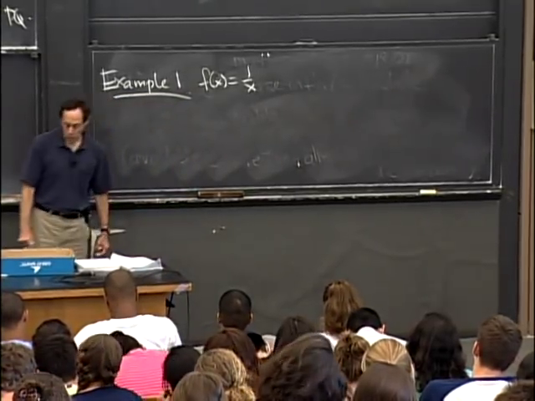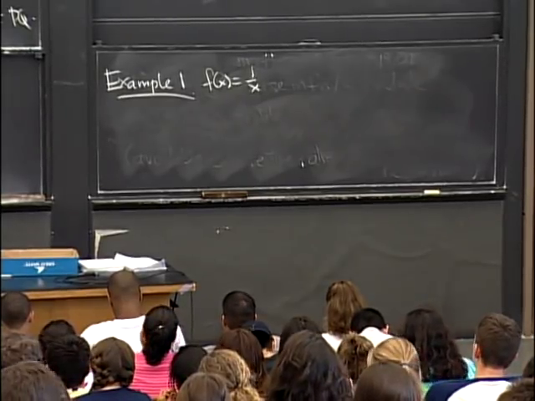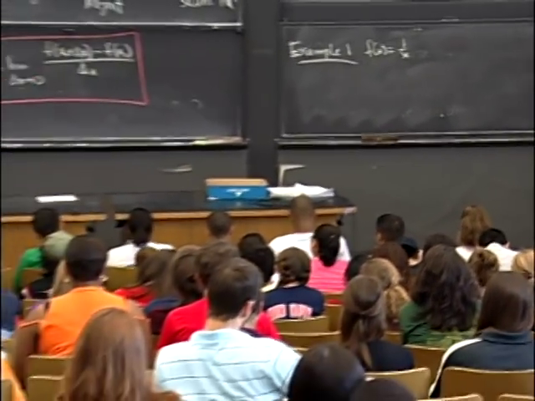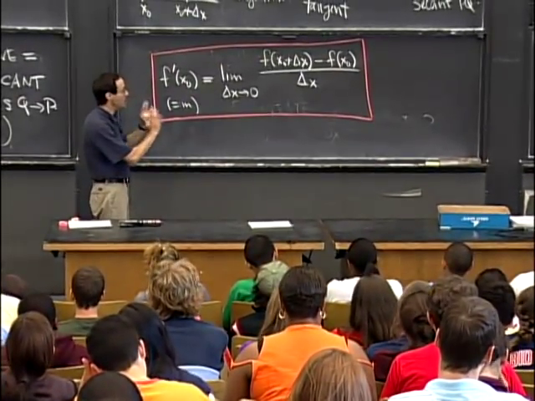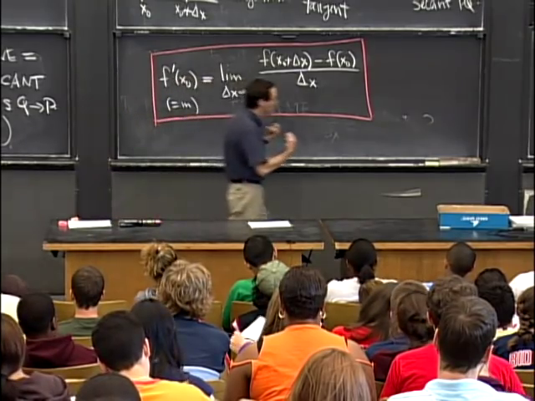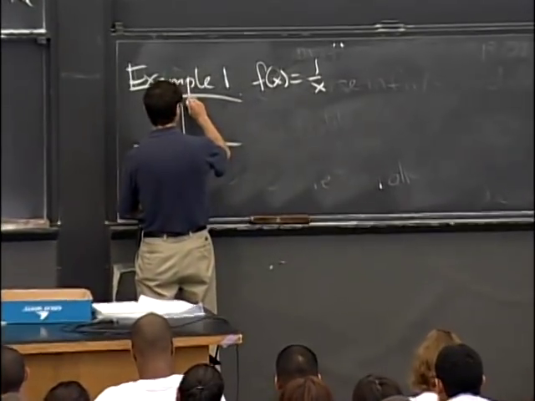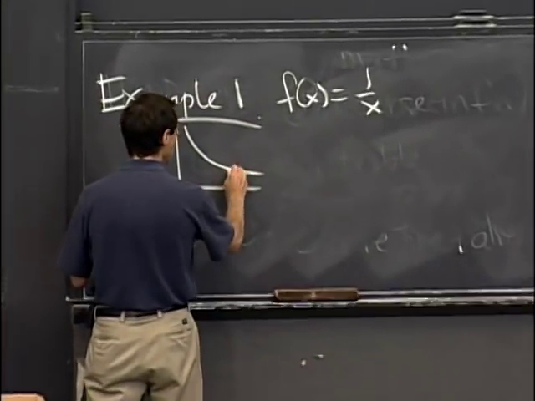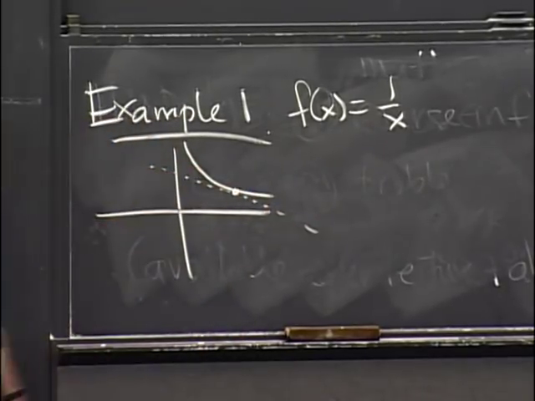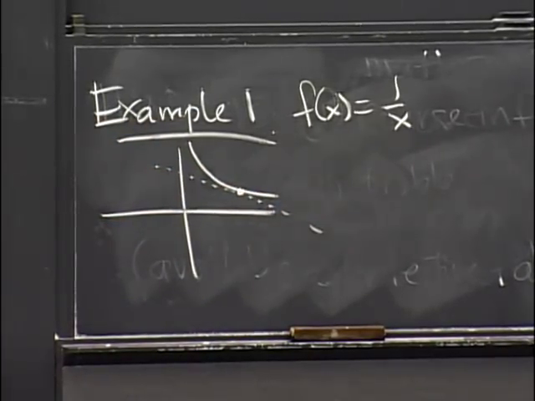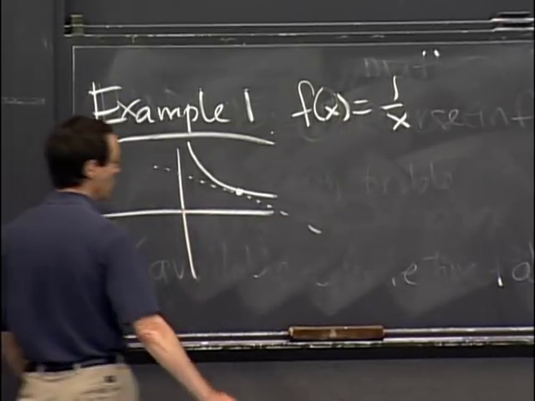So what is it that we're going to do here? All we're going to do is plug in this formula for that function. And visually, what we're accomplishing is to take the hyperbola and take a point on the hyperbola and figure out some tangent line. We're accomplishing this geometrically, but we'll be doing it algebraically.